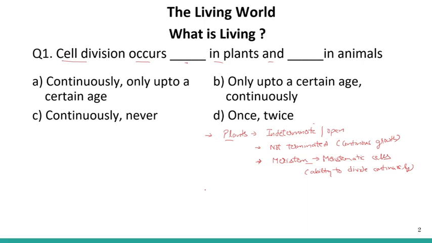Now let's talk about animals. In animals, what is seen? Usually the growth is limited, depending upon the age of the animal. When maturity is achieved, then the growth stops.